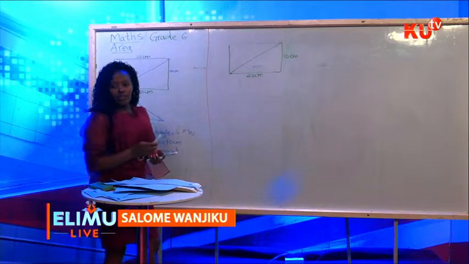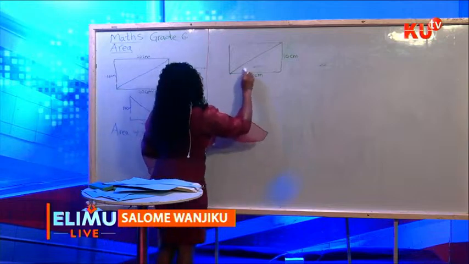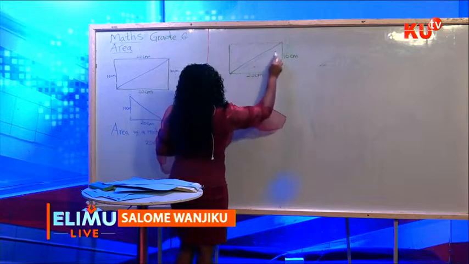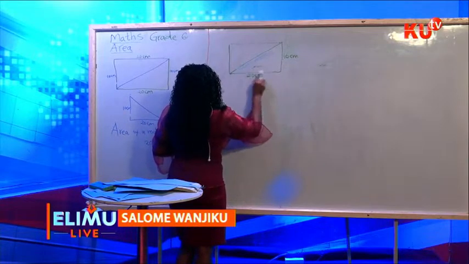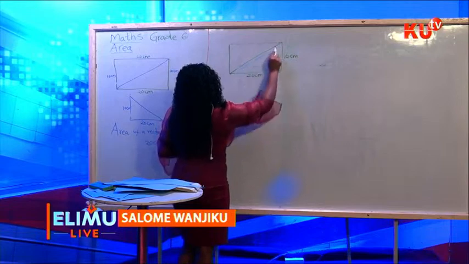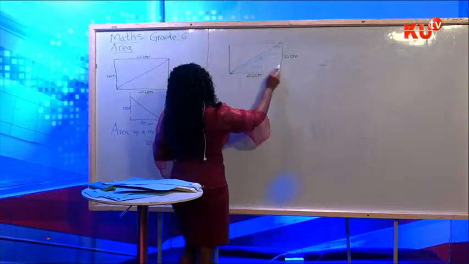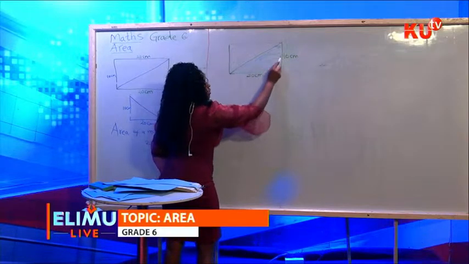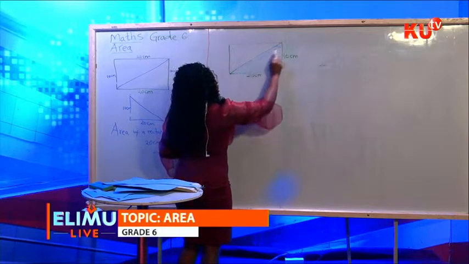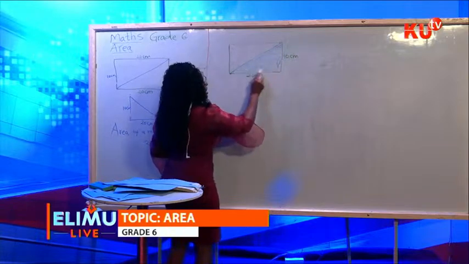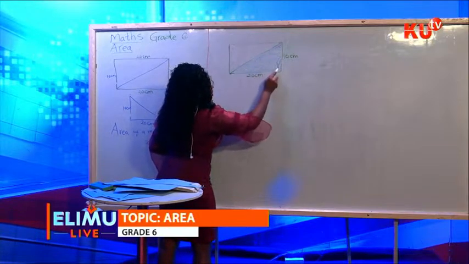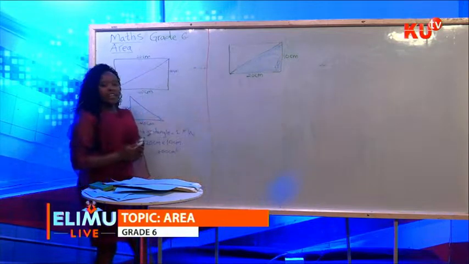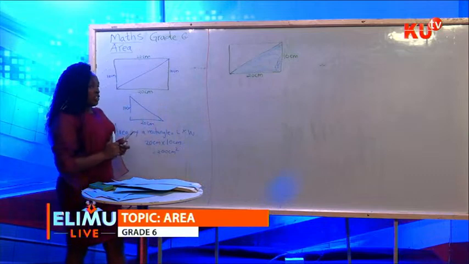Let us assume that we have got this part which is shaded. Good. And then we are told to find the area of the shaded region. Are we together, learners? Yeah, can you see the shaded region?